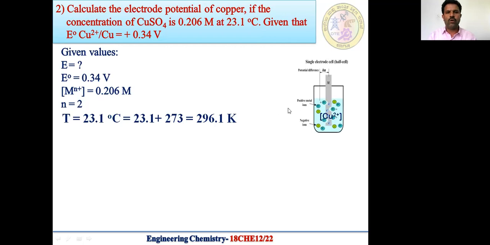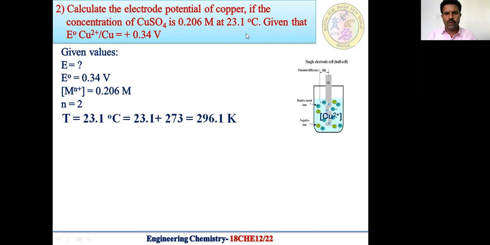Calculate the electrode potential of copper if the concentration of copper sulfate is 0.206 molar at a temperature of 23.1 degrees Celsius, given that the standard electrode potential of copper is equal to plus 0.34 volt.